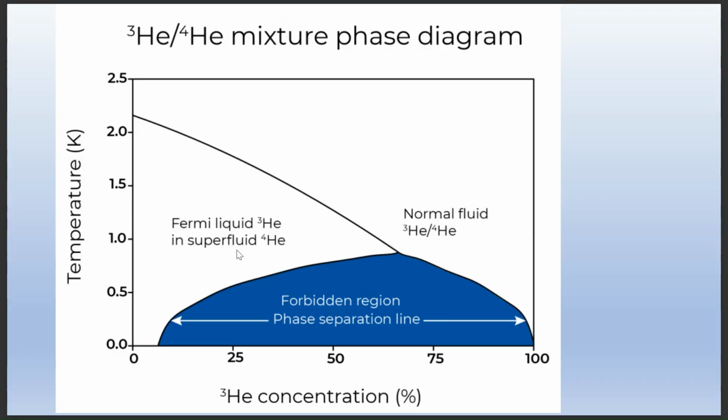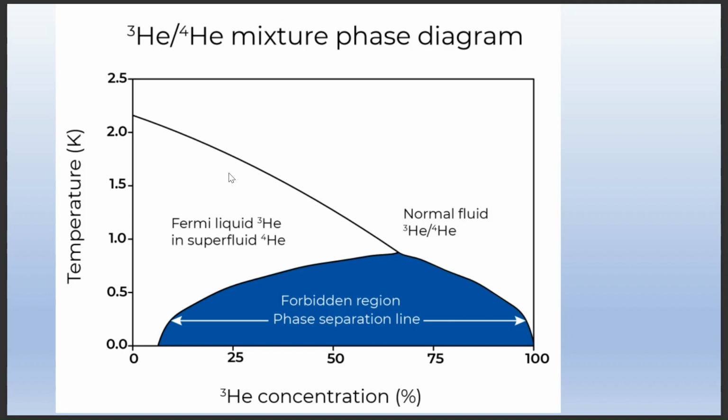Before going into the machine, I am going to discuss this phenomenon, which is the main concept behind the key function of that machine. Basically, in that machine we use a helium-3 helium-4 mixture.